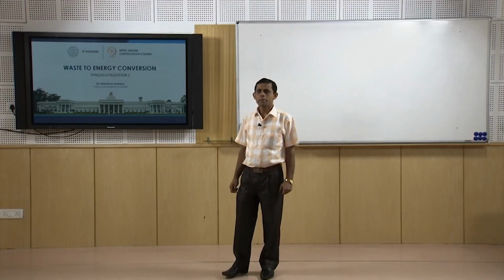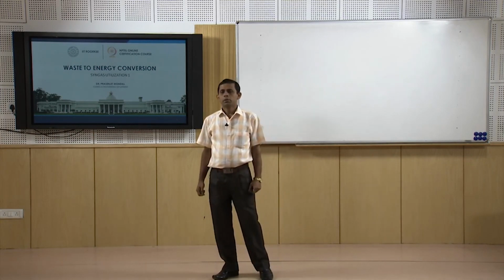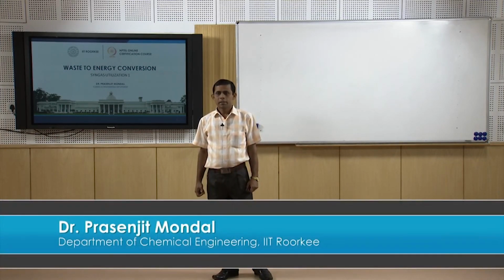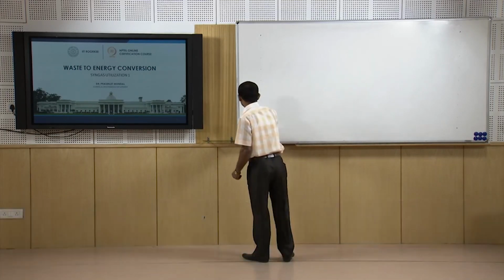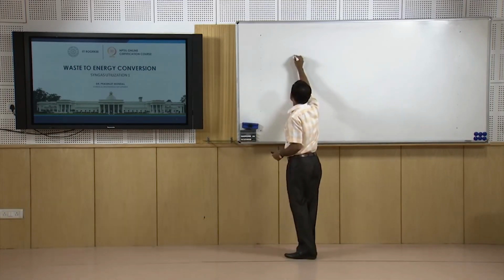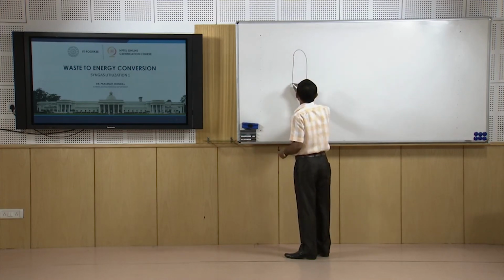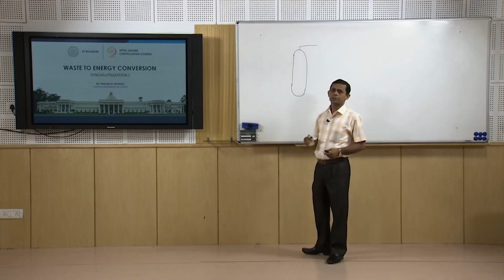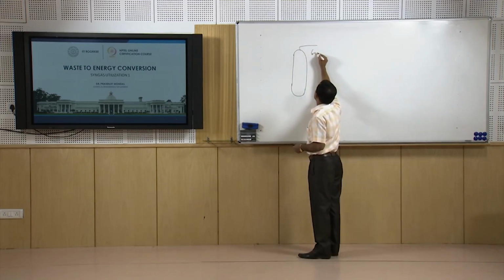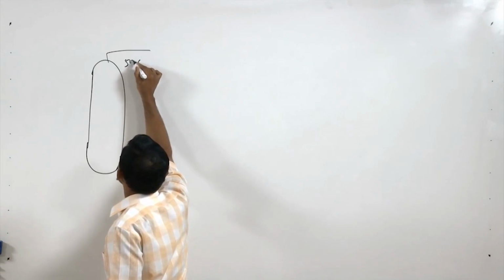Good morning everyone. In the last module we have discussed gasification, and we have come to know that in a gasifier the syngas is produced and it exits from the gasifier at high temperature, say 500 to 600 degree centigrade.